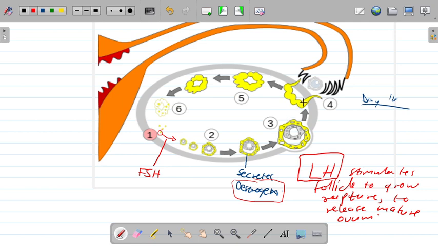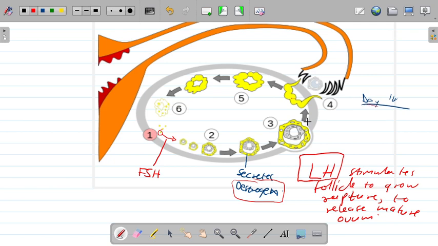Then, after luteinizing hormone stimulates the rupturing of this Graafian follicle, you will notice that now there's a change. We have a turnaround now. There's a change in what? There's a change in the Graafian follicle. It's no longer going to be the Graafian follicle. It's going to be the corpus luteum after day 14.